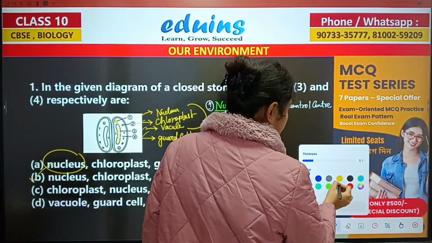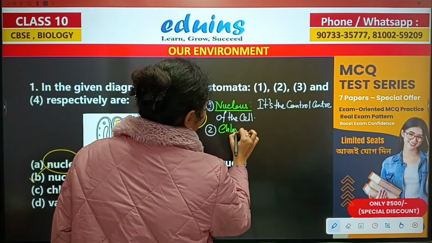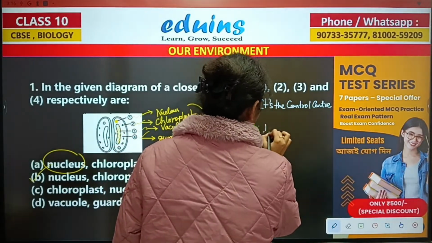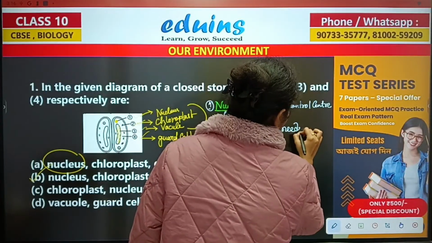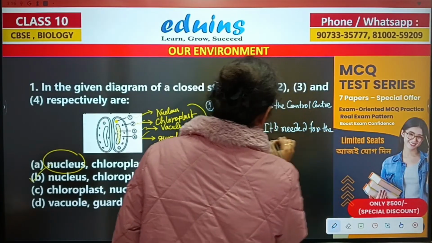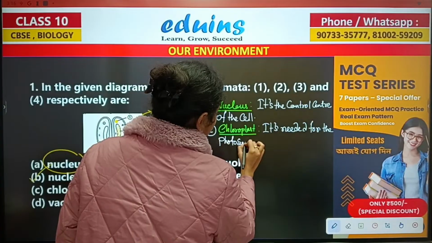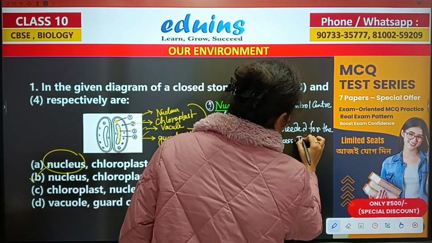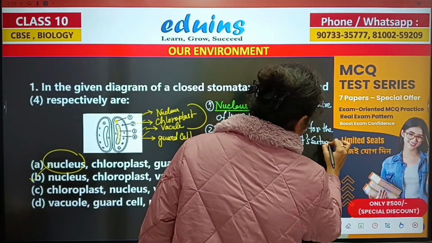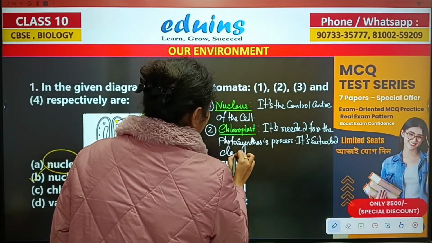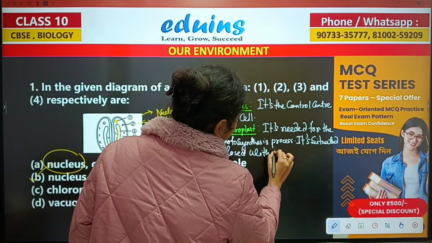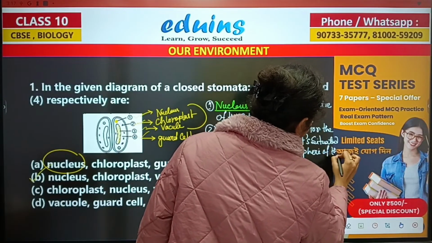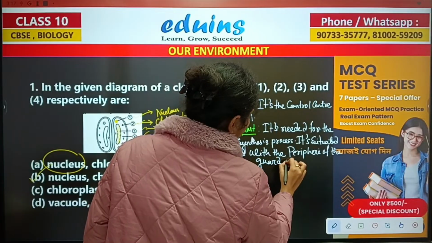Chloroplast is necessary for the photosynthesis process. It is situated close to the periphery of the guard cell.